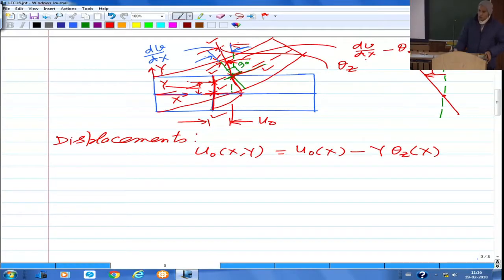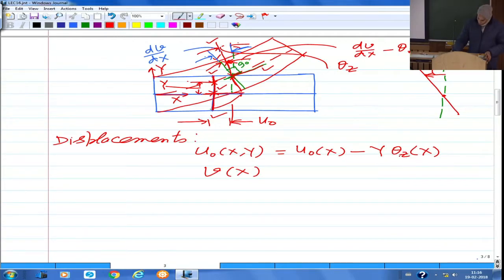But now theta z is independent and different. And of course we are still assuming that v, the displacement along the y direction, is only a function of x. So whether I measure the transverse displacement at bottom, mid, top, or any other point in between, it is the same, independent of y coordinate. Of course it varies along x.